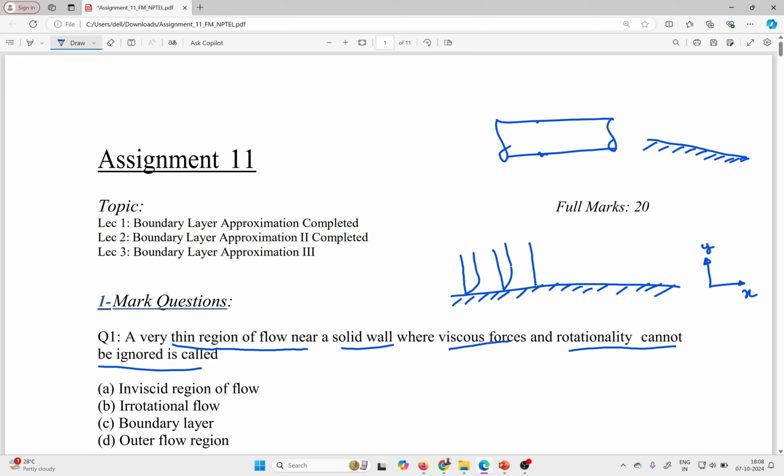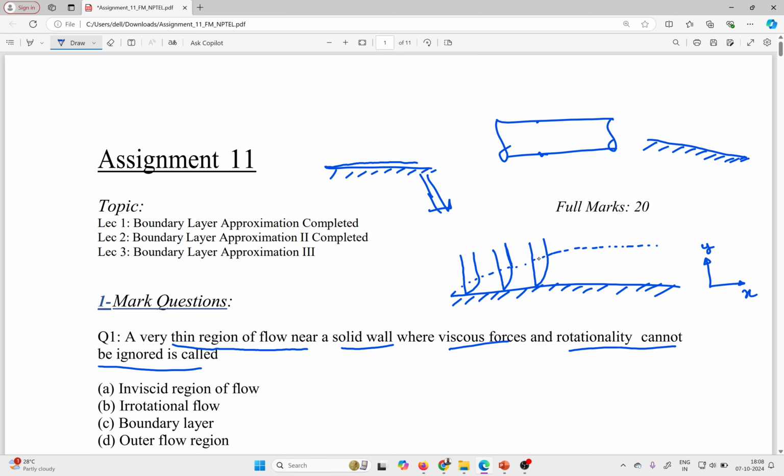One more I will draw, then after this a straight, after this a straight. After that it will be constant after some extent. So here I am just showing you the zoomed view. It is very thin. If I try to draw very thin things, it is very thin, but here I am trying to show you in the zoomed view.